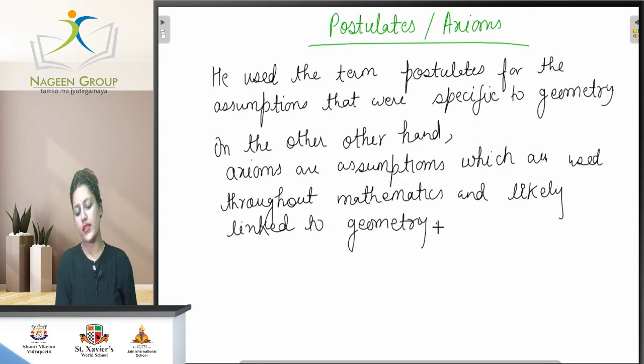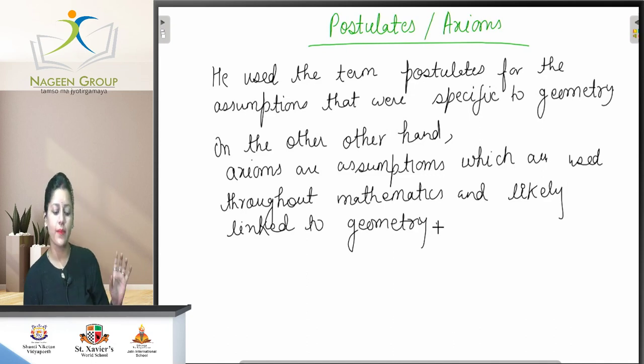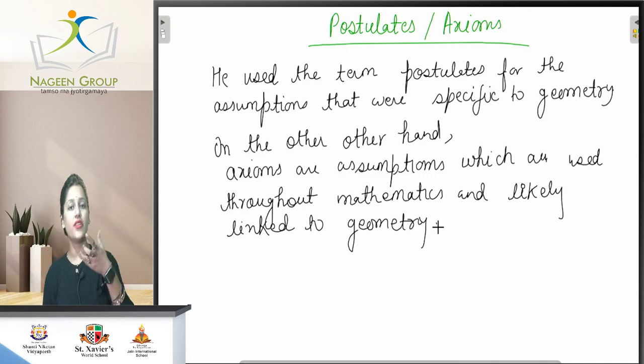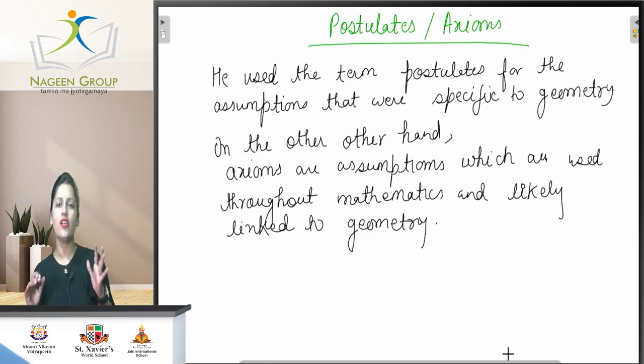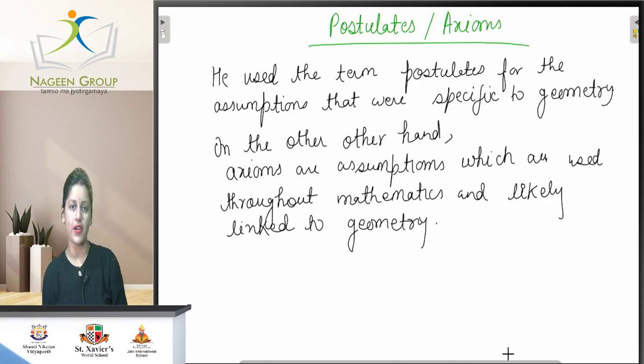What I am telling is that postulates are mainly assumptions specific to geometry only, but axioms are those which are not likely to be linked with geometry.